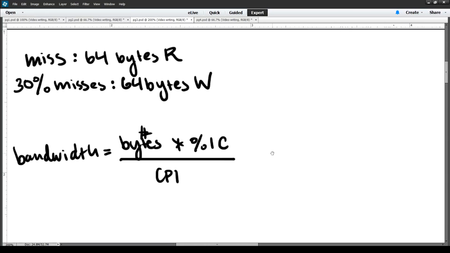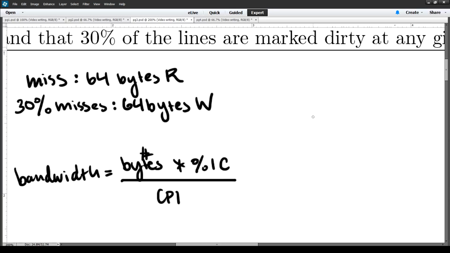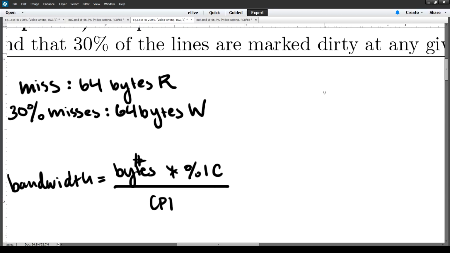So let's calculate the read bandwidth first. And we'll see that the number of bytes that we read is again 64. And we know that for this, again, all the misses will result in 64 bytes being read.